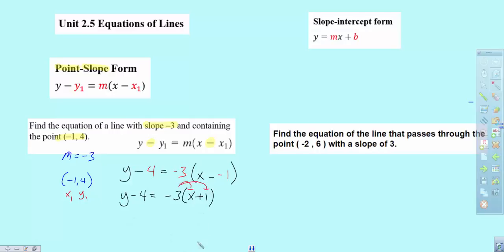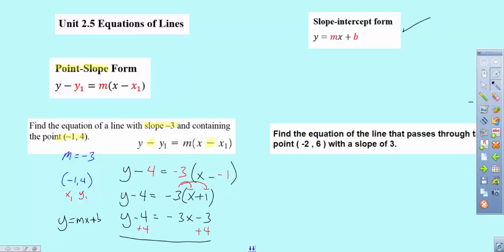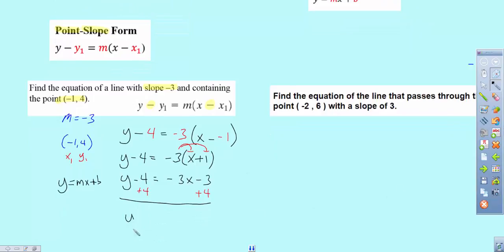Now we distribute that negative sign inside, and we get y minus 4 is equal to -3x minus 3. Remember, we're going to solve it and put it into slope-intercept form. We're going for that y equals mx plus b form. So we come out with y, good housekeeping, keeping things organized, canceling things as I go, and there we are. That's slope-intercept form.